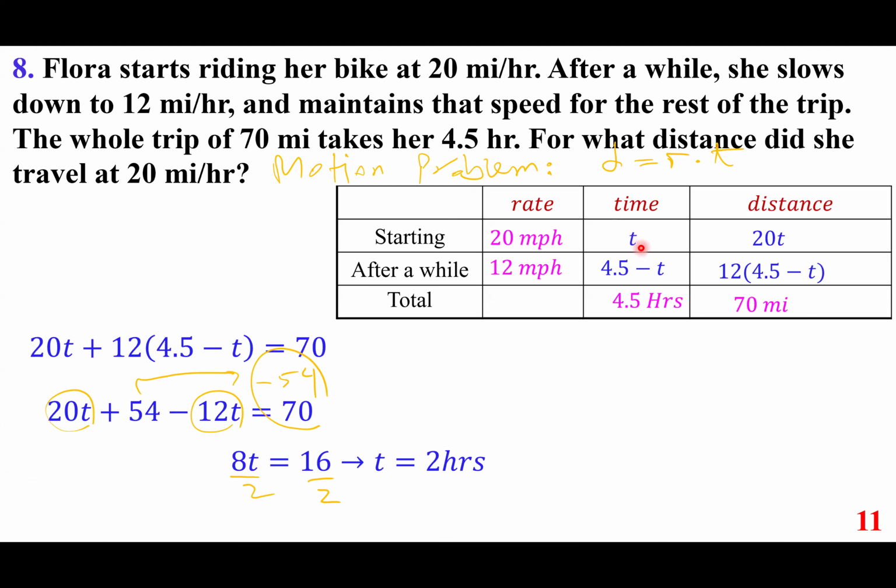So if the t is 2 hours, the distance is 2 times 20, 40 miles. Pay attention to the question. The question was, for what distance did she travel at 20 miles per hour? So this is what we wanted to get. And that's extremely important to understand. Otherwise, we can easily make a mistake.